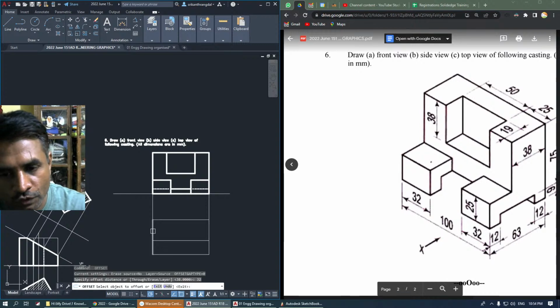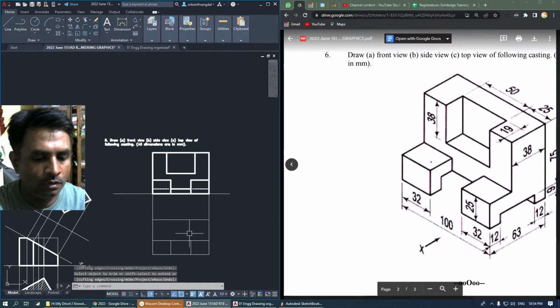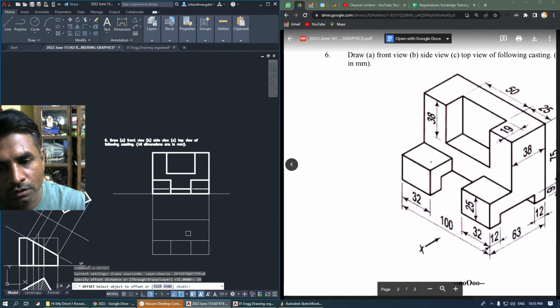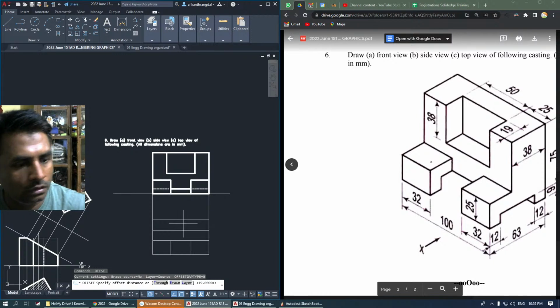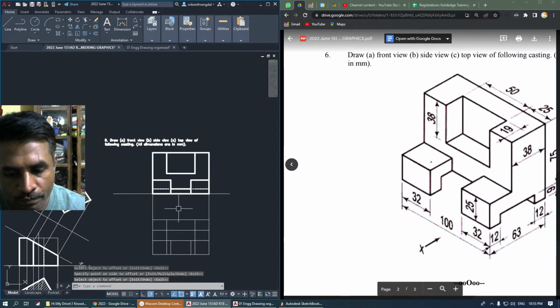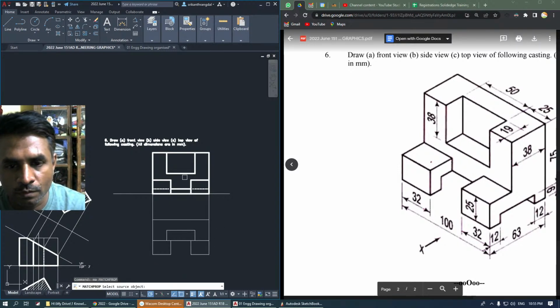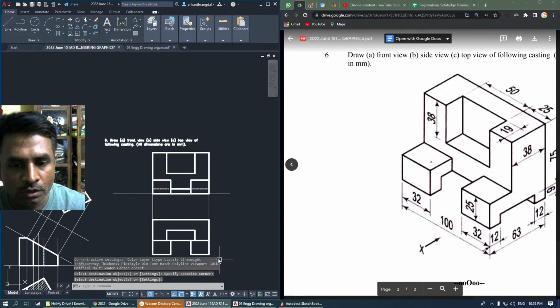Two, 19, and then 35. All these are the visible edges.